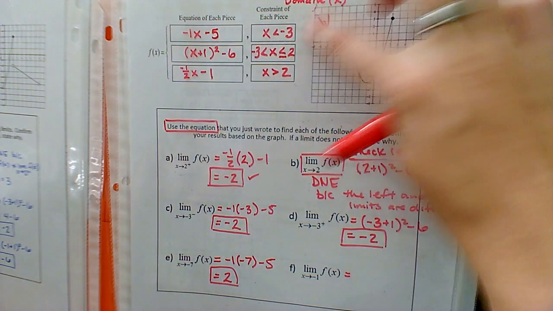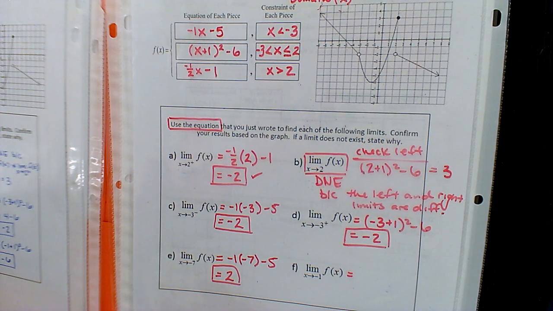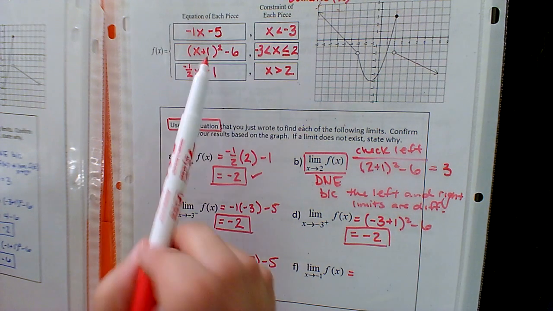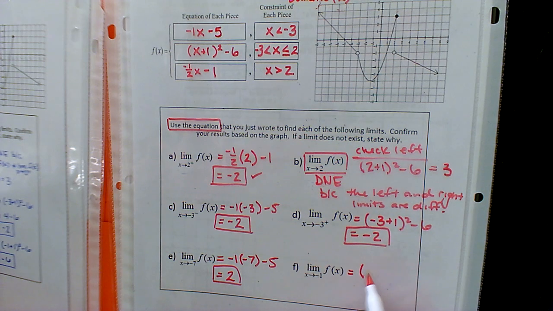And our last one, -1, which equation are we going to use? We have to come in from the left and the right, but this one is kind of similar to the -7 one we just did. Where would -1 fall? The middle one, the parabola. -1 is within this constraint. So let's go ahead and plug it in.